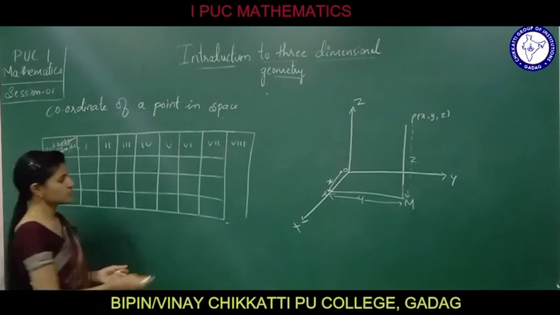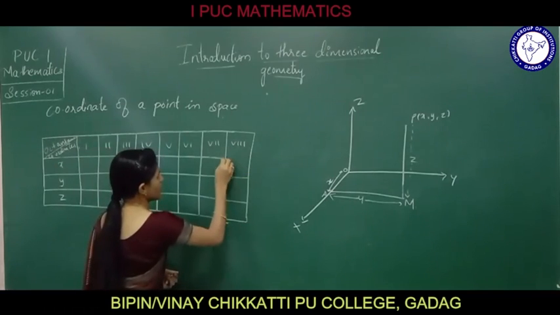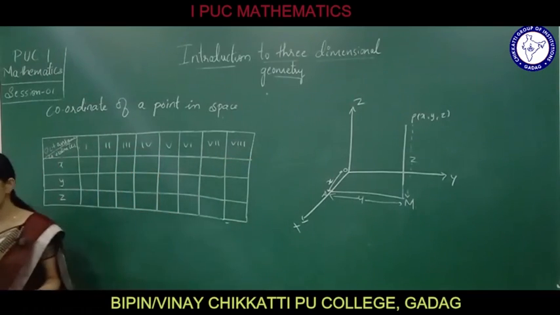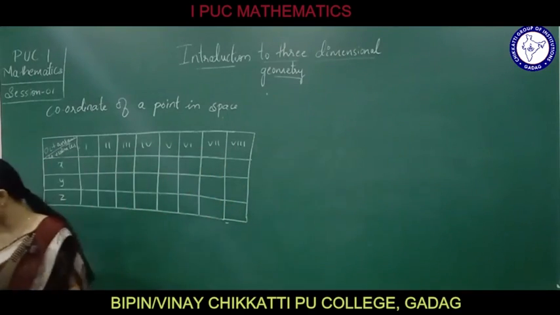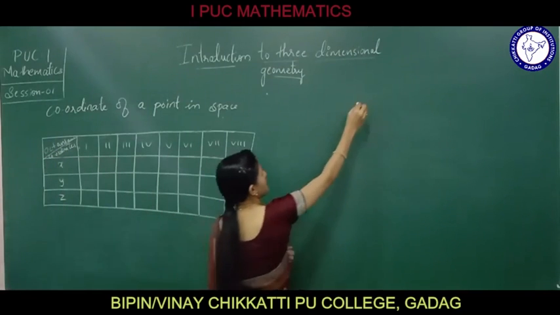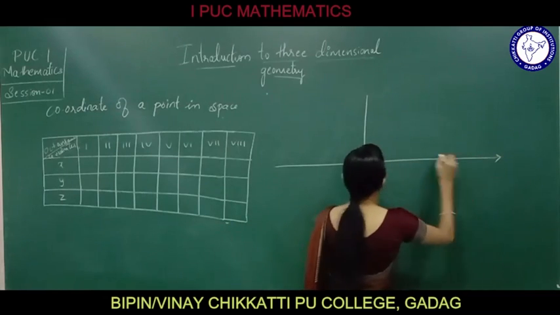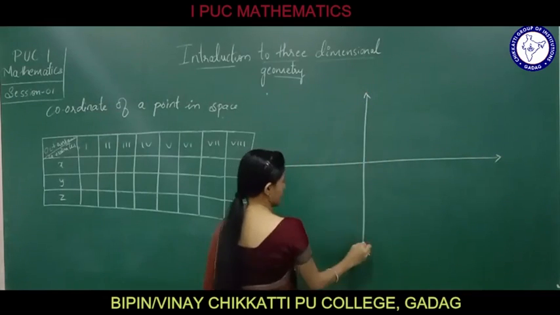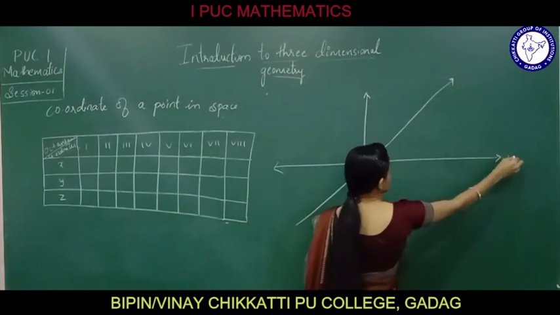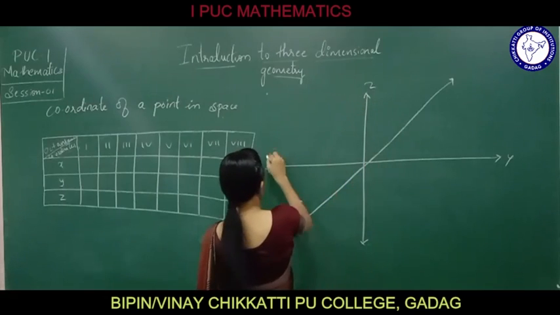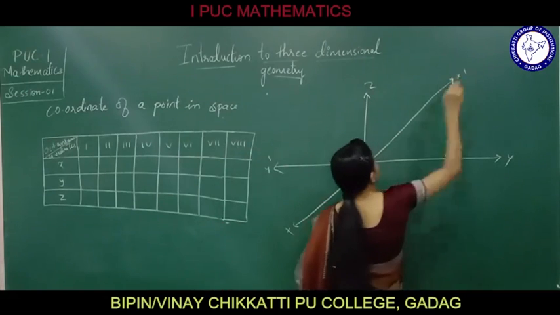Now let me draw the figure once more along that three-dimensional space. It was Y, Z, Y dash, Z dash, X and X dash.